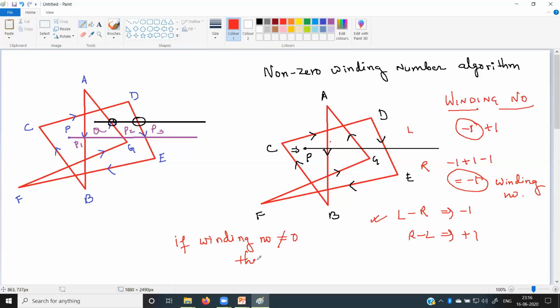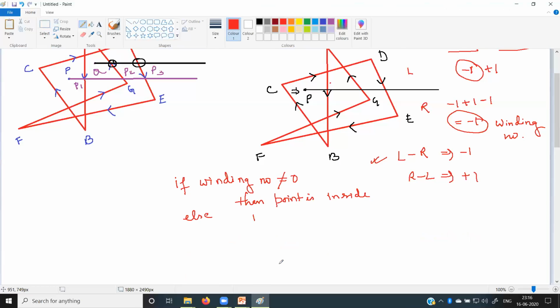Else, if it is 0, then the point is outside, that means outside of the polygon. In that case, you can see the value is minus 1. So what is the location of P? The point P is inside of the polygon.